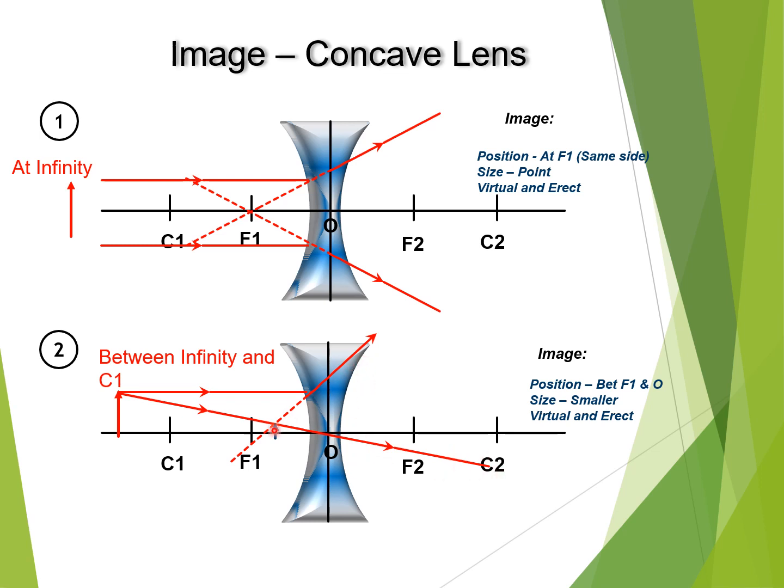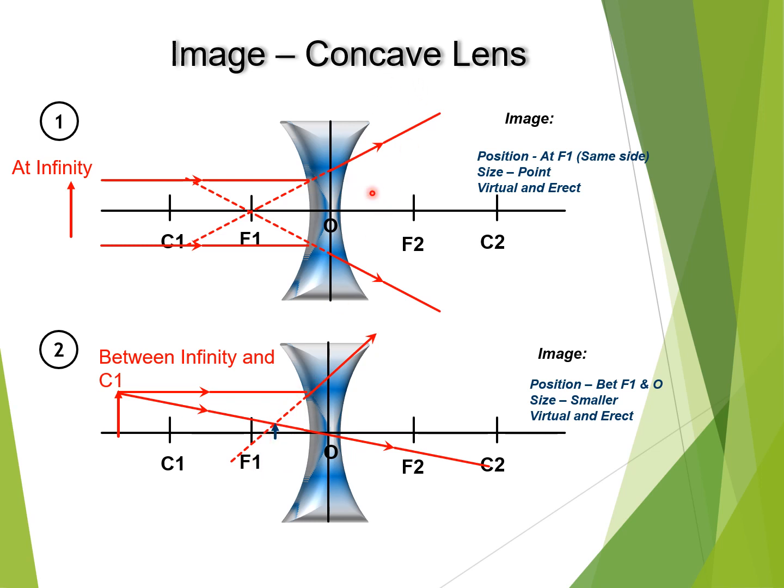If we are extending this, then we are seeing that these two rays appear to be meeting here. Again, in this case, the position of the image shall be between focus and optical center. It is smaller than the object, and again it is virtual and erect. It is not real, it is virtual.